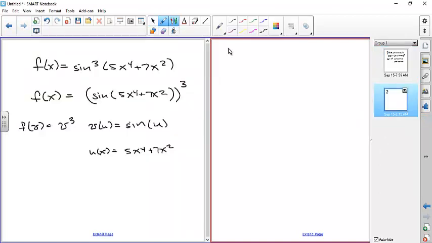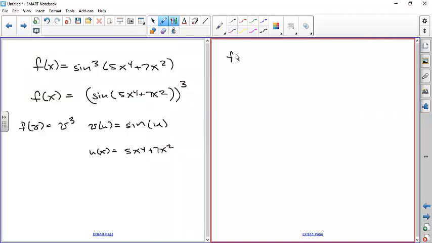So now we'll take the derivatives. So f prime of v, the derivative of this expression with respect to v, becomes 3v squared. v prime of u is just the cosine of u.